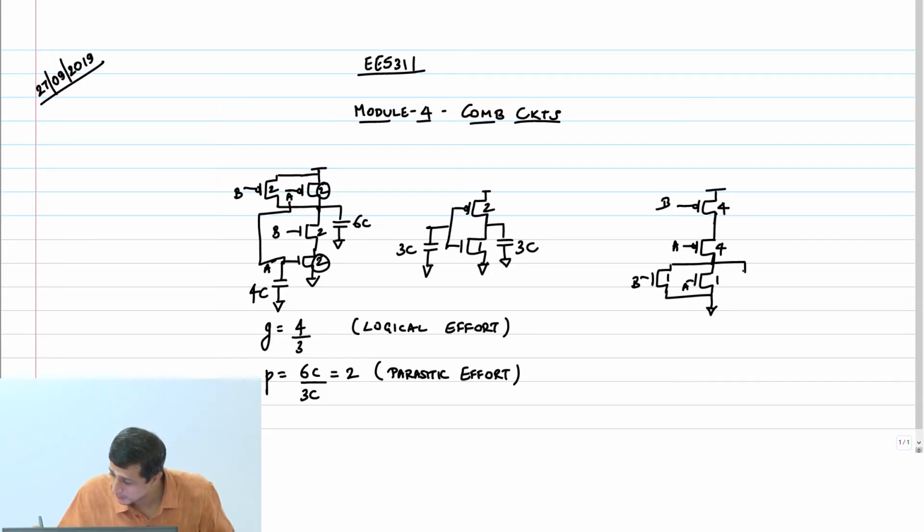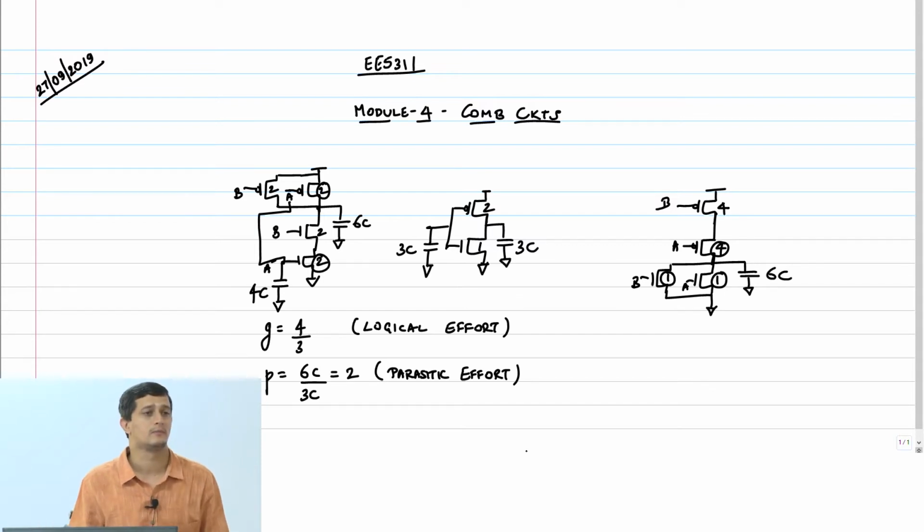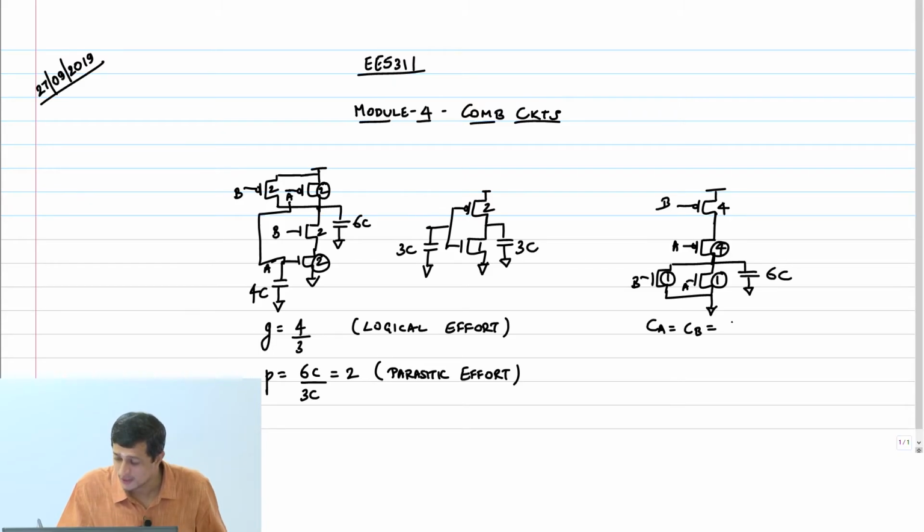What's the net output cap? Again 6C: 4 coming from here, 1 coming from each of these. Capacitance CA equal to CB equals how much? 5C: 4 coming from PMOS, 1 coming from the NMOS.